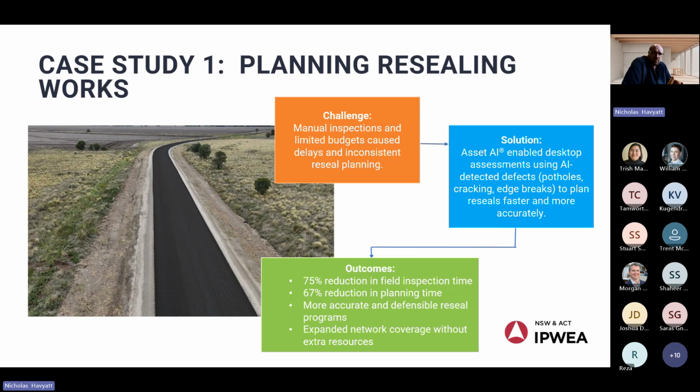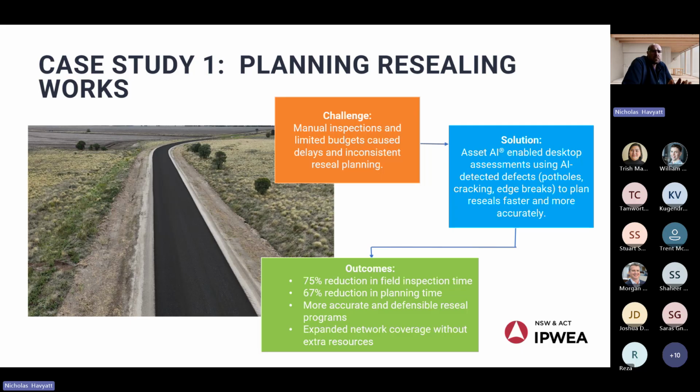This particular council talked to us about that, and we looked at it and said, okay, you've got about 10 roads that you want to put 2K seals on. It's about 150 Ks worth of road, and instead of going out and driving it all, regional town, you can imagine that there's a lot of kilometres to travel.